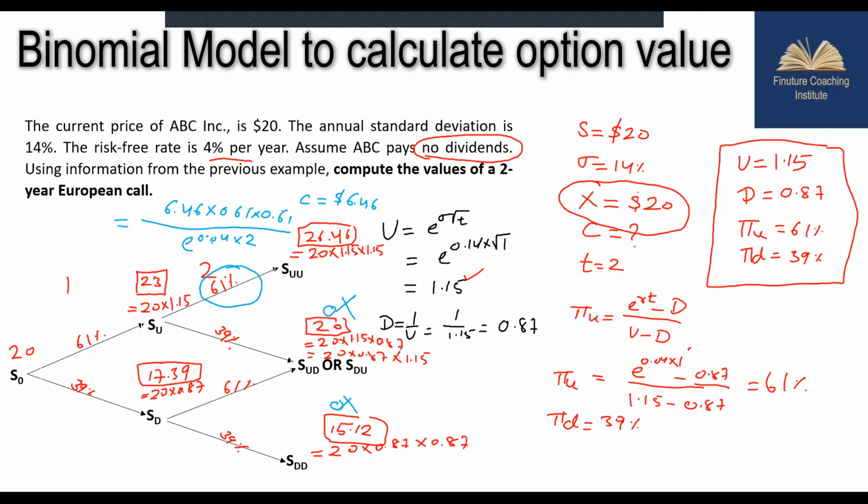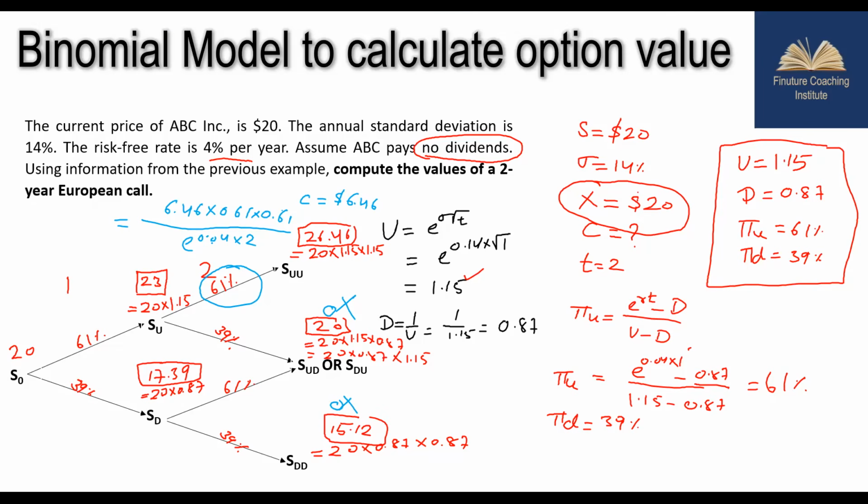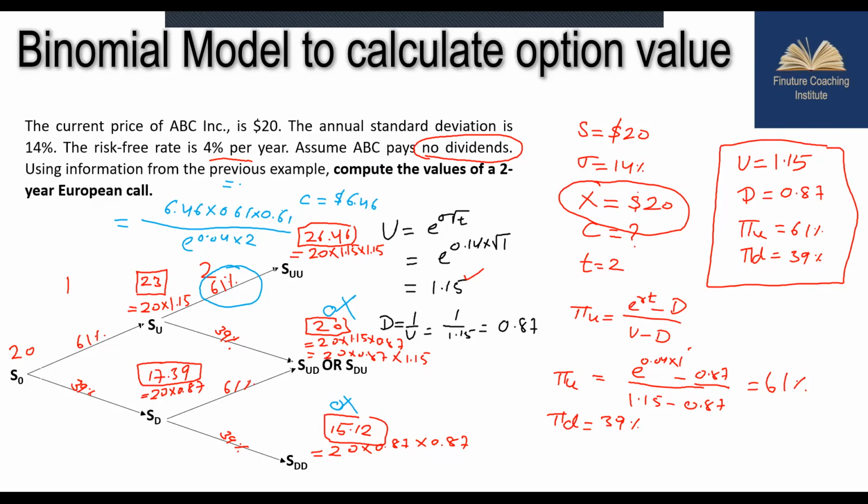So the value of this would be approximately equal to 2.4 in the numerator, so 2.4 divided by e to the power 0.04 into 2.